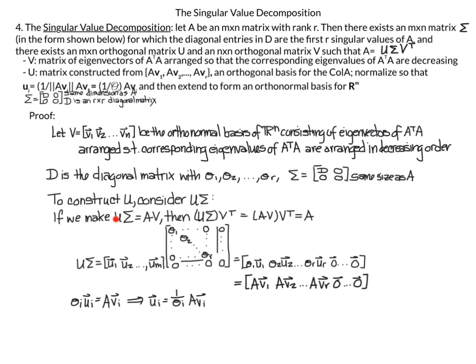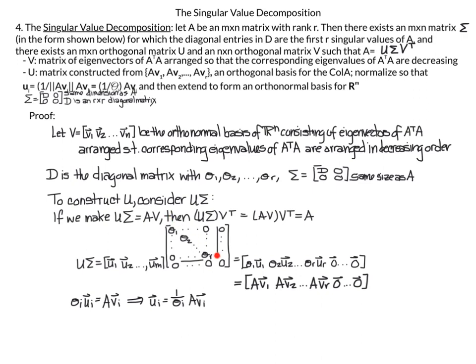So let's look at U sigma. Our U is a matrix with column vectors U1, U2 up to Um. And our sigma has these r singular values and then zeros everywhere else, and we add zeros to make it the same size as A, m by n.